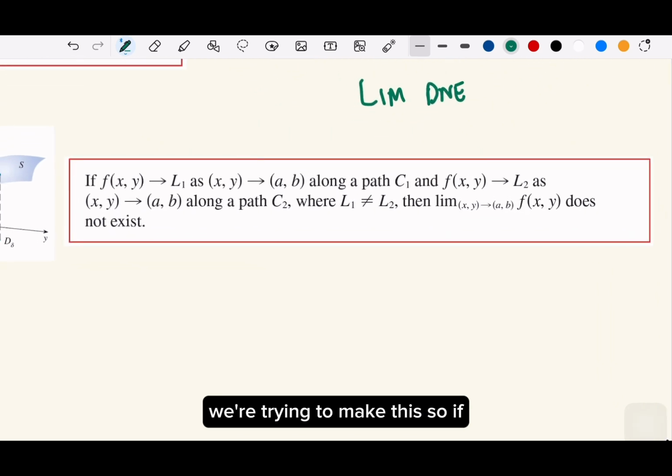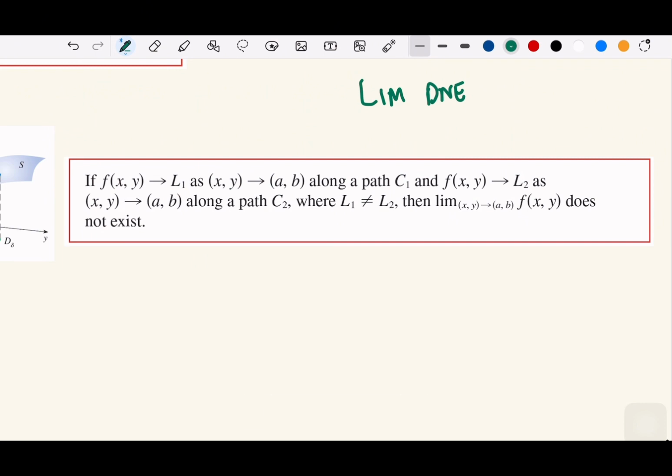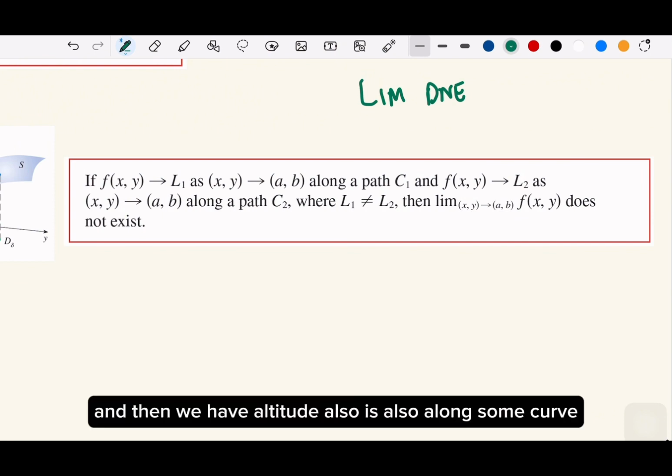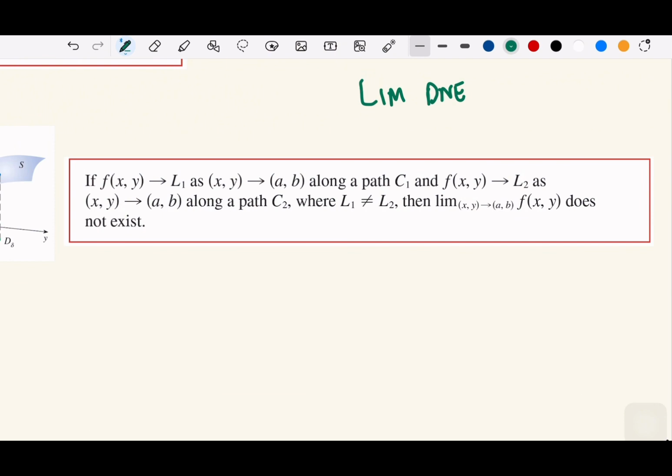If f(x, y) gets closer to some value L1 as (x, y) gets closer to the point along the curve C1, and then we have L2 along some other curve C2, and they are not equal, then the limit doesn't exist.